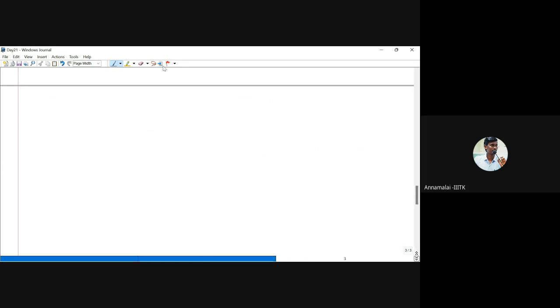Next exercise. Find the limit as n goes to infinity of 1 by n, 1 by n plus n square by n plus 1 whole cube plus n square by n plus 2 whole cube, and so on, plus 1 by 8n.